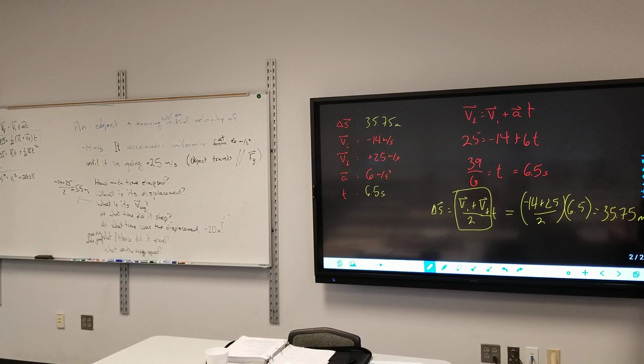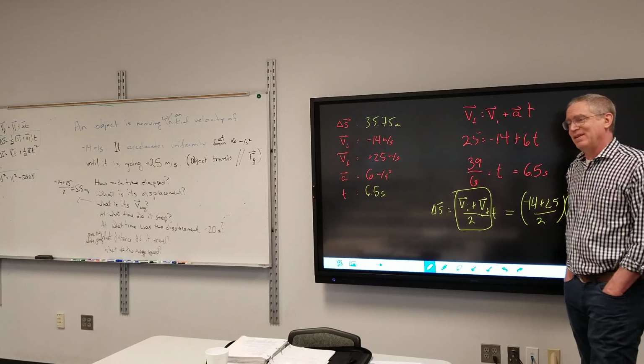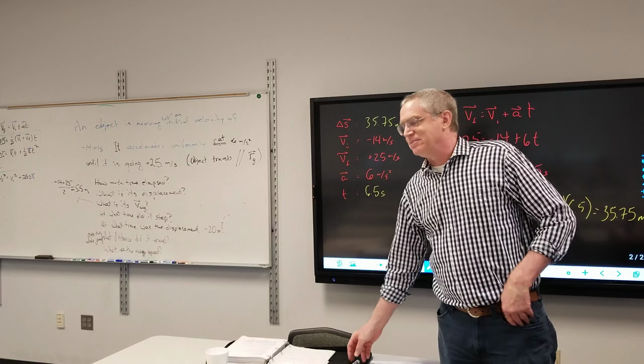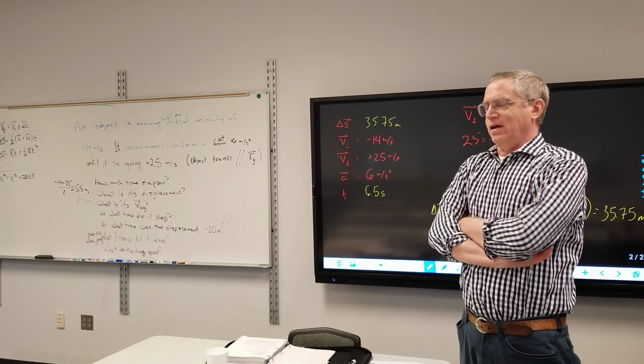So first off, do we know that this object stopped? No. Why not? That'd probably be a difficult one to answer. Why do you think it did? Because it changes direction. Yes.